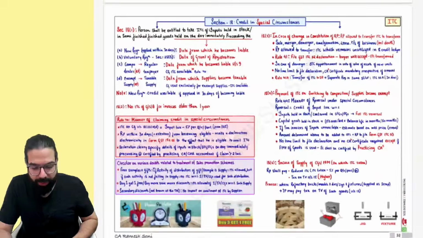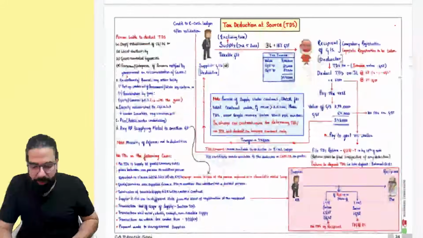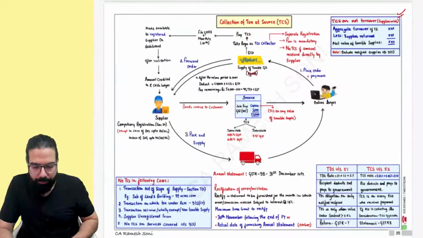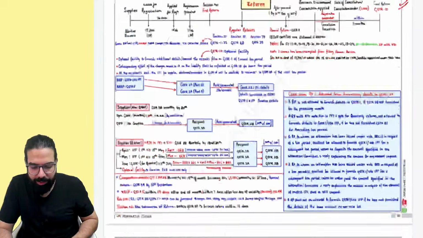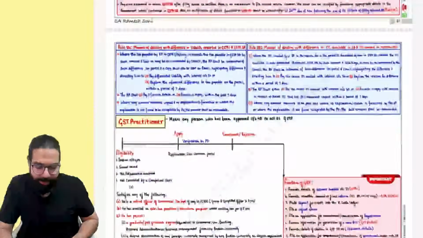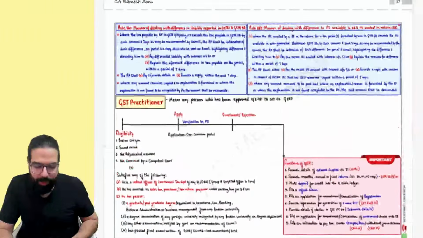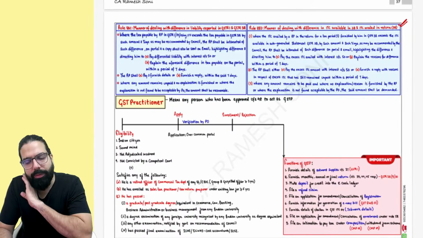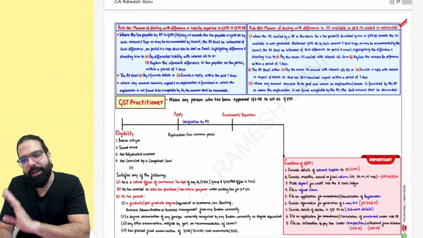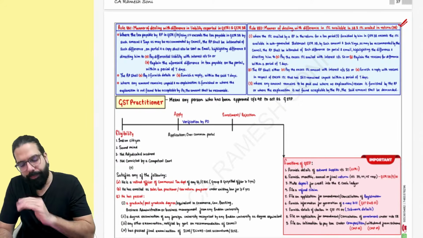Section 17(5), this one, this one, this one, and this one, and the returns chapter. There is no change at all. It is exactly the same as what we had learned earlier. Everything remains the same. There is no change at all. It is exactly the same which we had learned in the previous term. Okay, everyone.